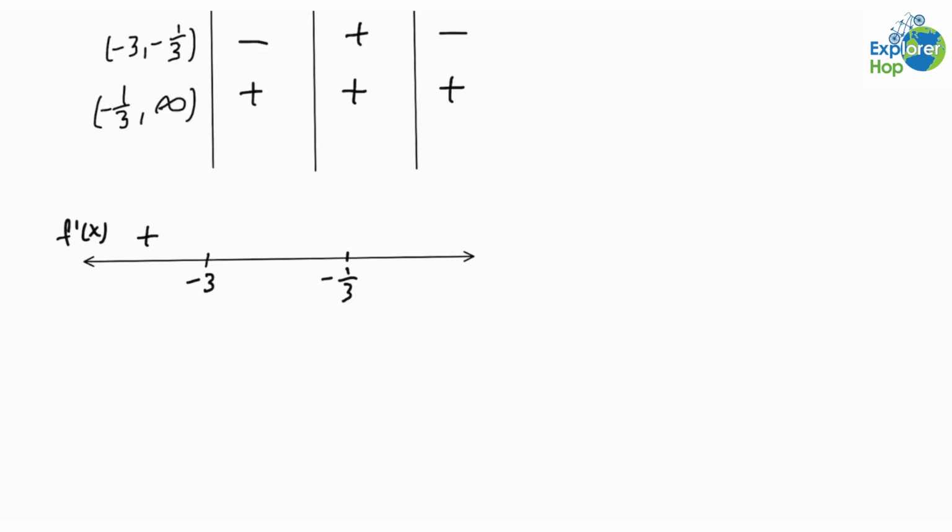And looking at the other intervals, the derivative of f of x is negative in this interval and positive in the last interval. So this means that f of x is increasing in the first interval, f of x is decreasing in the second, and f of x is increasing in the third interval.